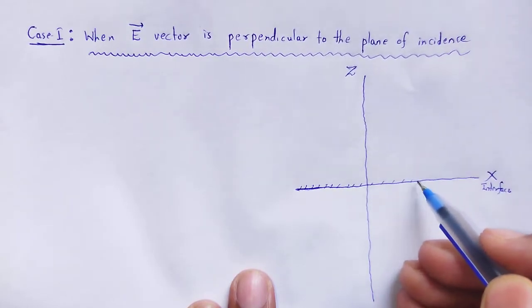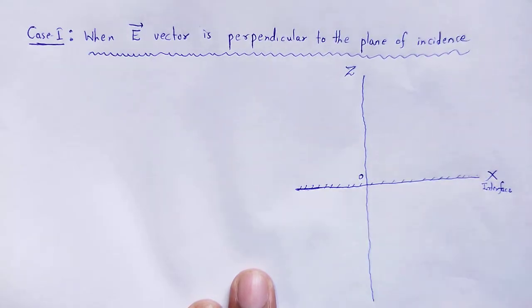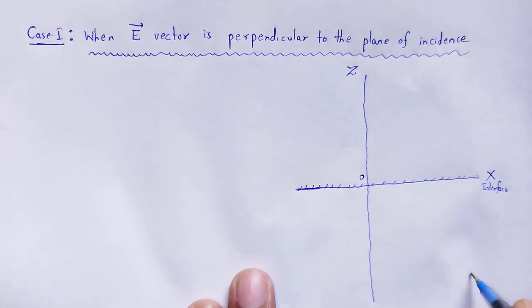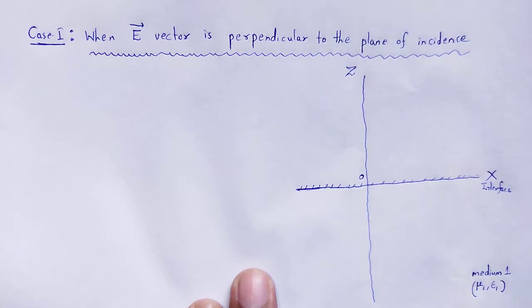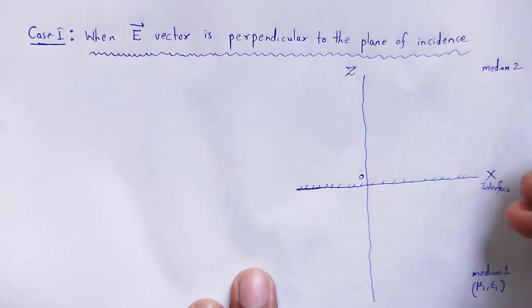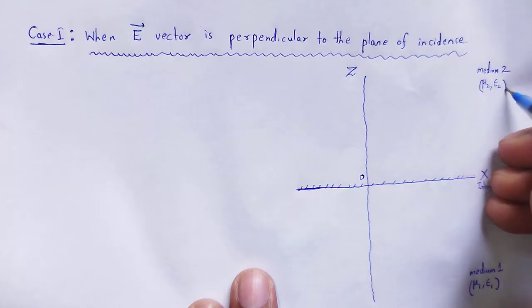The interface is separating it into two media. Here is medium 1. It has permeability mu 1, permittivity epsilon 1. Medium 2 has permeability mu 2, permittivity epsilon 2.